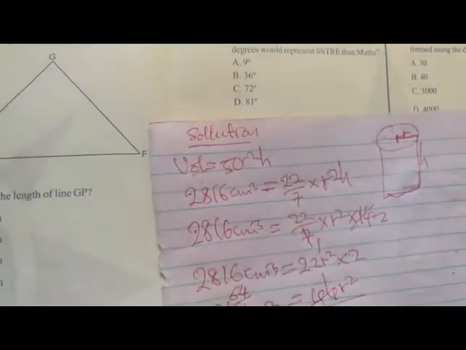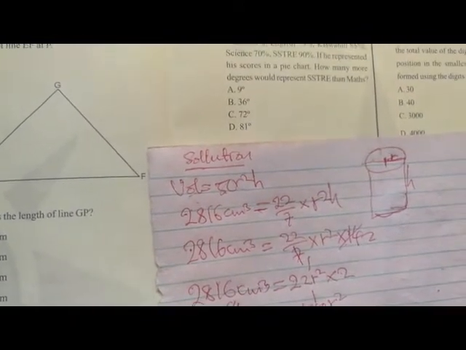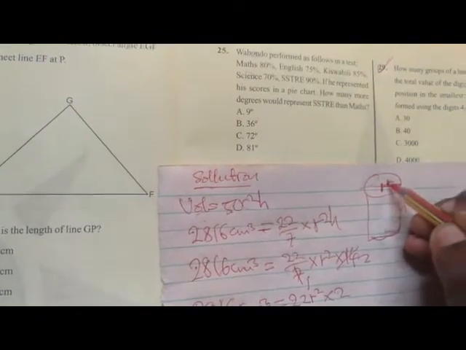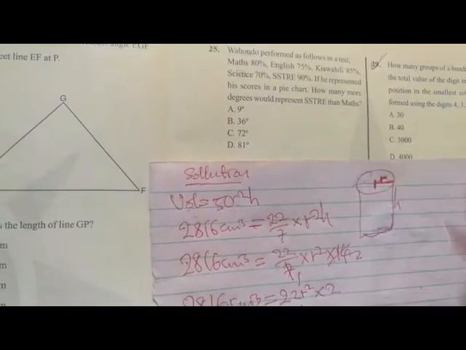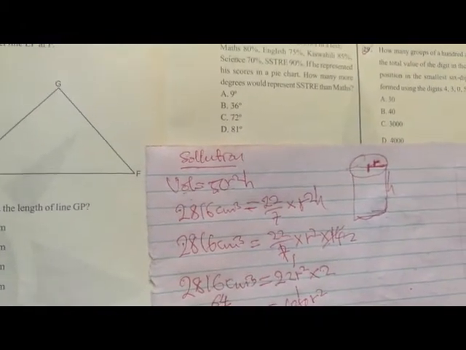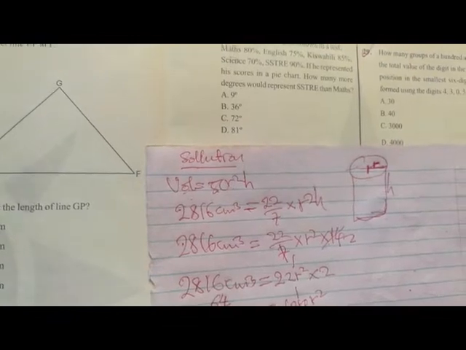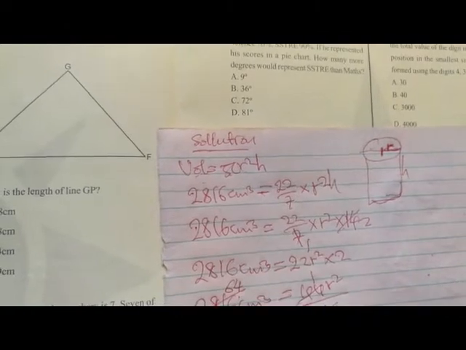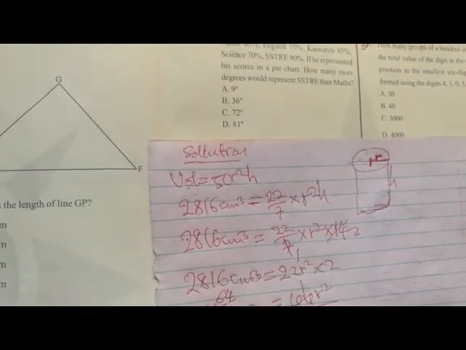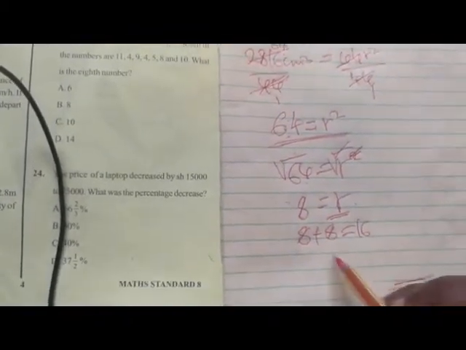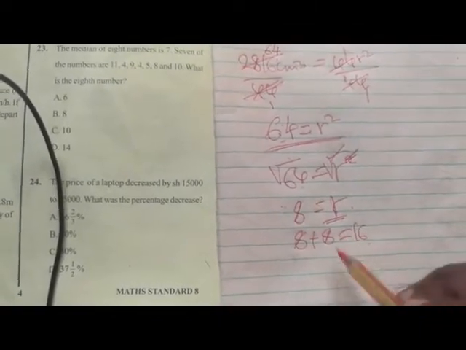Now if r is 8, because r is half of the diameter, our diameter will be 8 plus 8, which is 16.